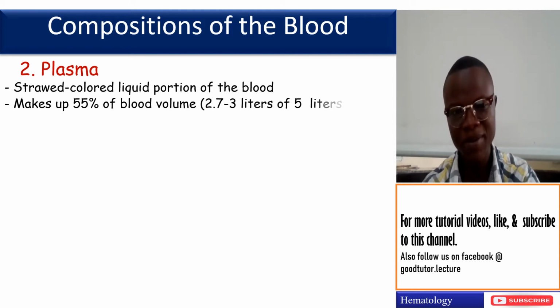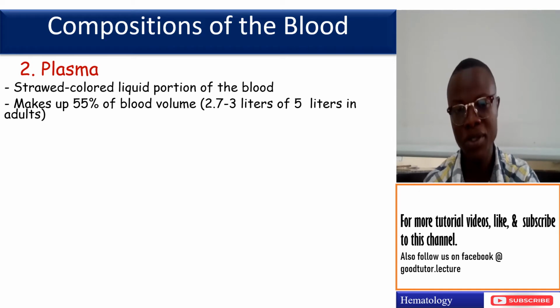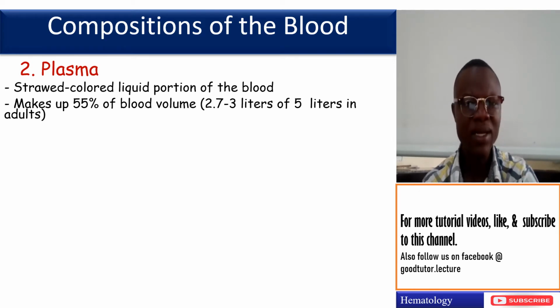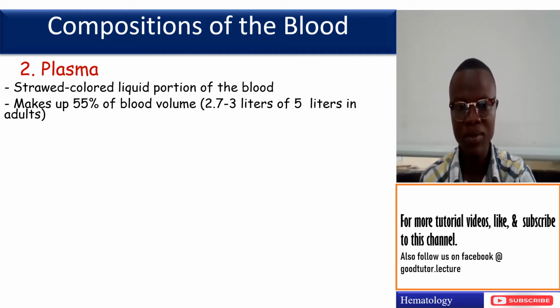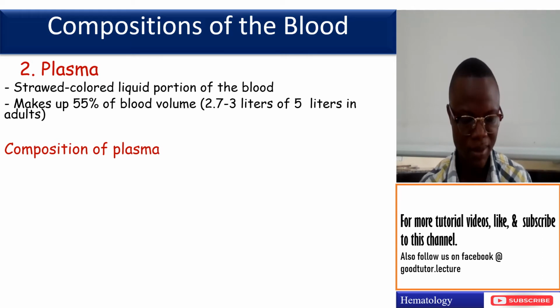It constitutes about 55% of the whole blood volume, and that should be equal to 2.7 to 3 liters of the total adult blood volume that we saw, around 5 liters. With that, now let us look at the composition of the plasma.